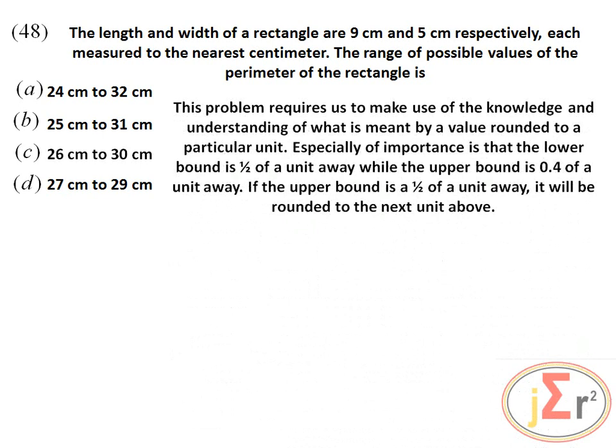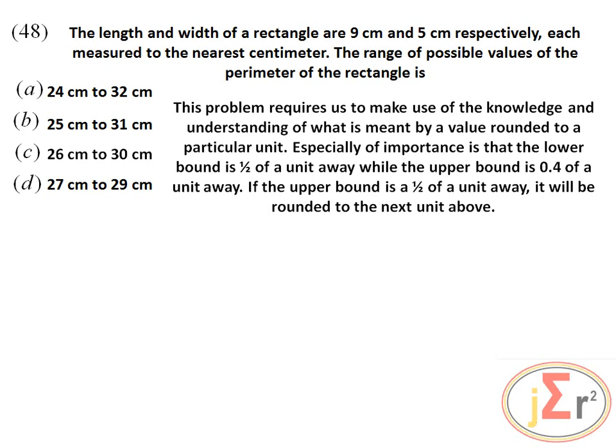to a particular unit. Especially of importance is that the lower bound is half of a unit away, while the upper bound is 0.4 of a unit away. If the upper bound is half of a unit away, it will be rounded to the next unit above.